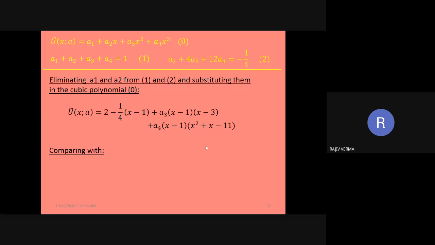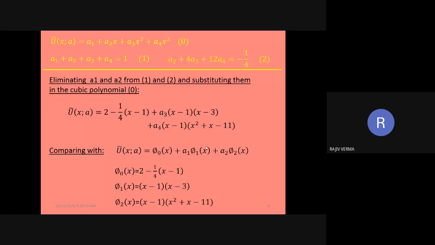And if we compare the trial function with the initial trial function which we had on display, you can assume that phi naught, phi 1, and phi 2 are going to be given by these expressions. What we have done is that we have two constraint equations, equation number 1 and equation number 2.